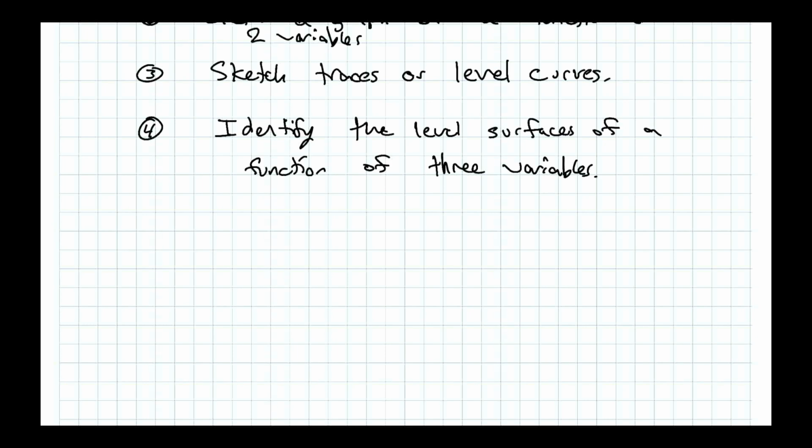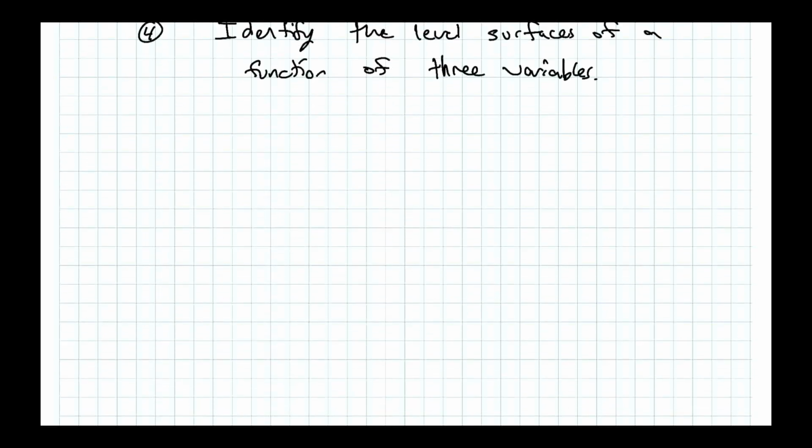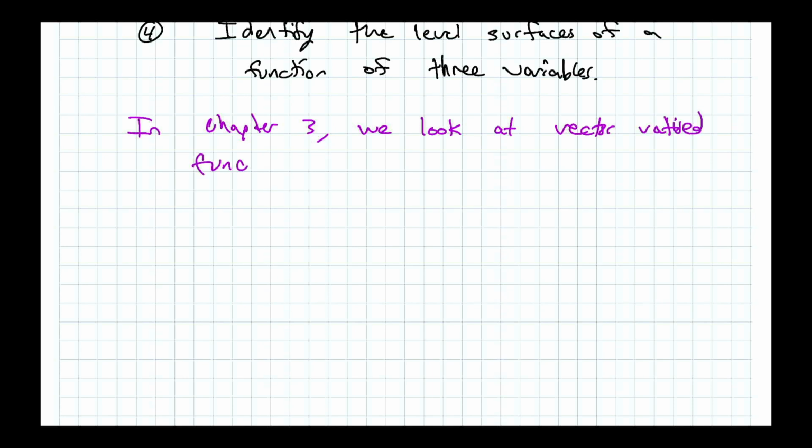Let me also, just before we do this, remind you of what we did last so you can see how this is different. In the previous chapter, chapter 3, we looked at vector valued functions. Vector valued functions were like this.